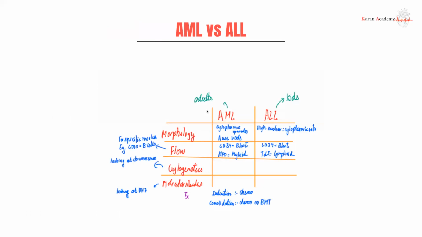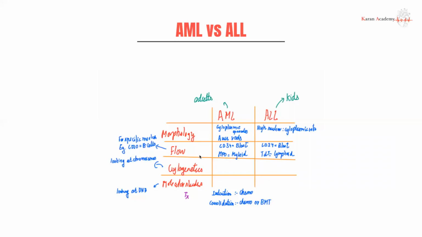Now, talking about the distinction between AML and ALL, morphologically, you would see the cytoplasmic granules or Auer rods with AML versus ALL, which would have a higher nuclear to cytoplasmic ratio. AML more common in adults, ALL in kids. Now, flow cytometry is where I talked about identifying those unique markers that are present on the cell surfaces, right?